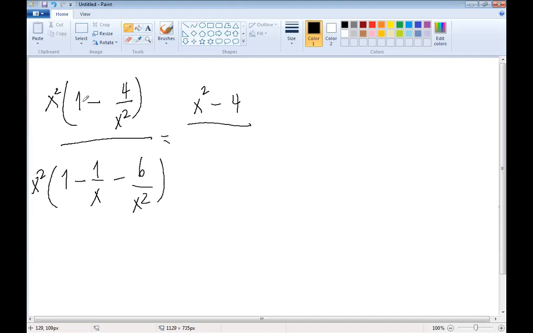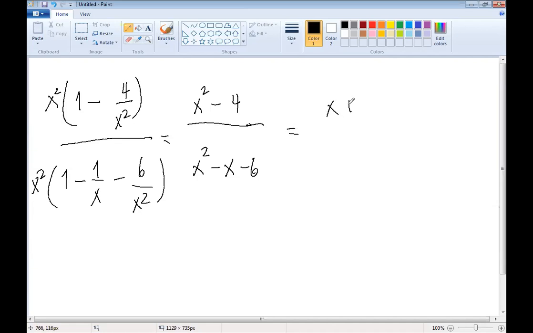So therefore, x squared times 1, we get x squared. Cancel out x squared here, we have minus 4. The other one, we have x squared minus x minus 6. What is the factor of this one now?